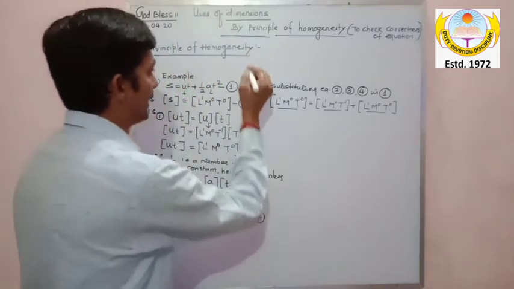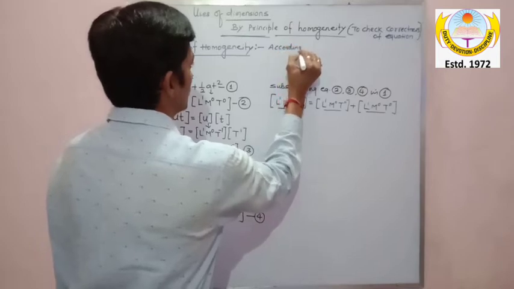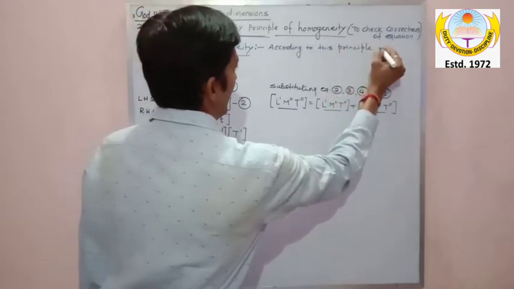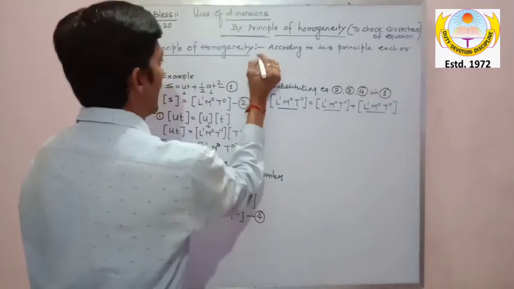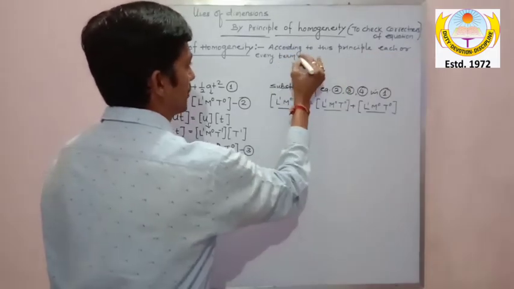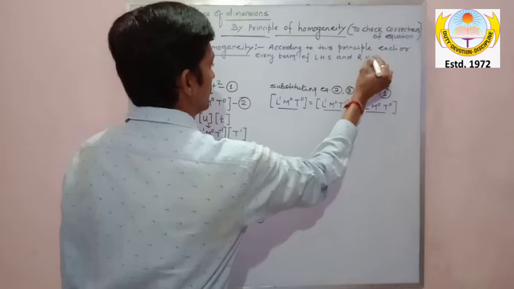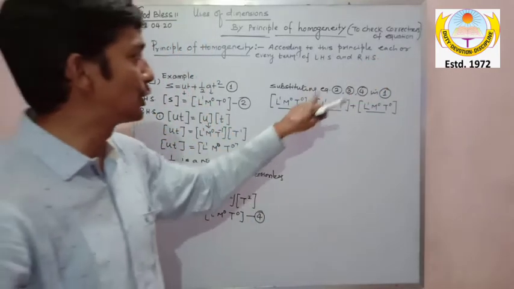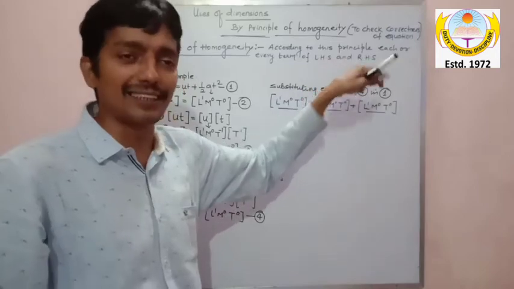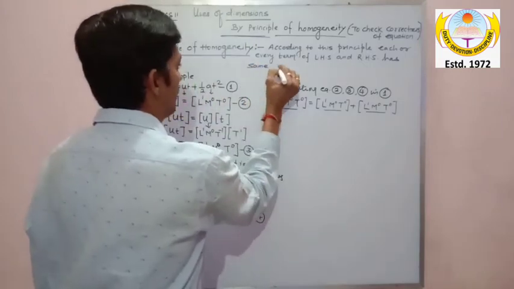So what is the principle of homogeneity I am writing here? According to this principle, each or every term of left hand side and right hand side has the same dimension.